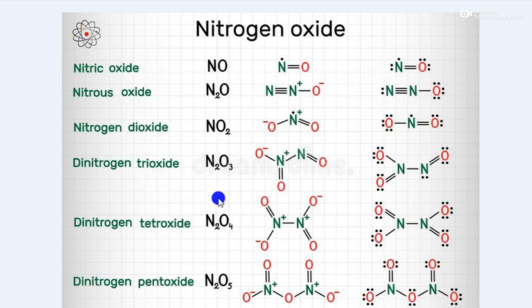Next one, N2O4. You can say dinitrogen tetraoxide, because 4 oxygen are there and 4 means tetra. So dinitrogen tetraoxide. And N2O5, that is dinitrogen pentaoxide. O5, that means penta means 5. So the chemical name is dinitrogen pentaoxide.